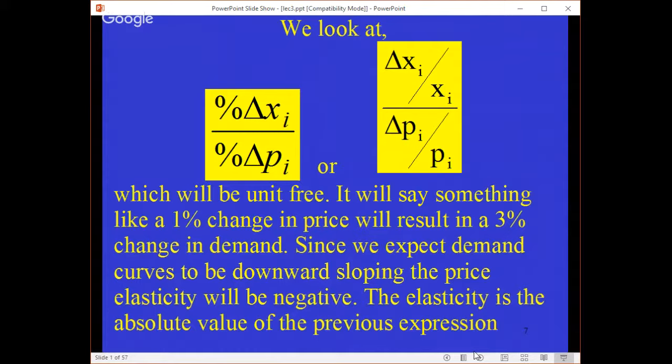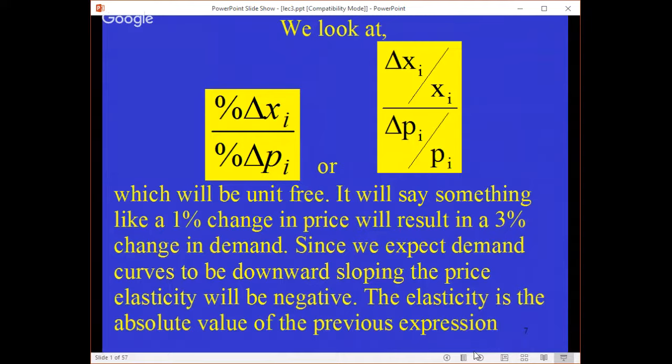I can write the change of xi as the number where we end up minus the number we start with.